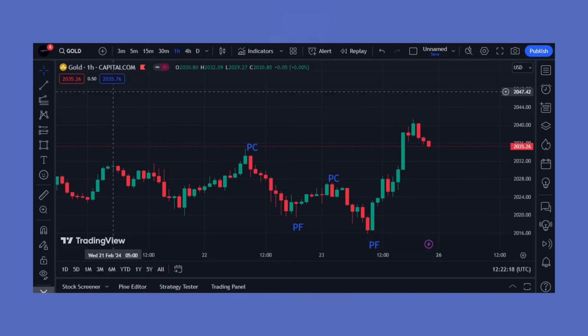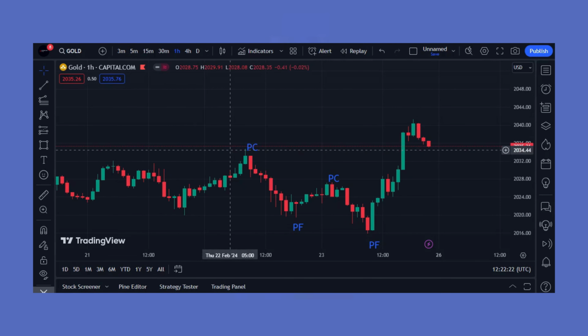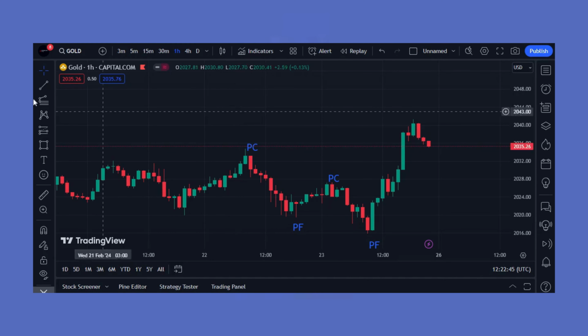The next thing I'm looking for is price clutter. So what is price clutter? Price clutter is a level where most of the retail traders see a position and want to enter. Normally that's where people draw their trend lines and their support and resistance in order to get their position as retail traders.